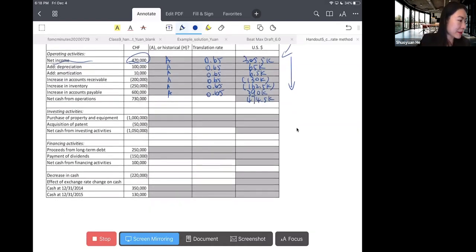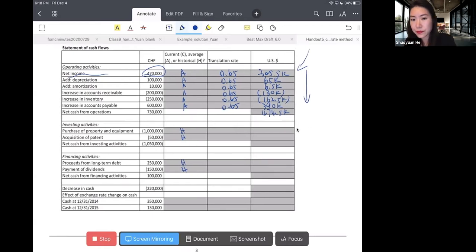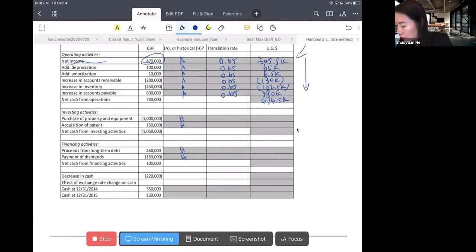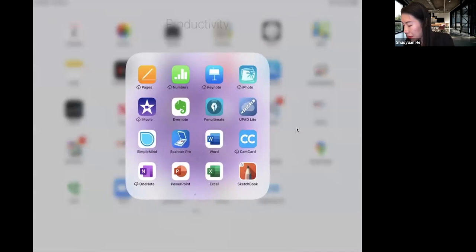Investing activity. For the investing activity and financing activity, we use the historic rate. Which is 0.71, 0.61, 0.62, 0.61, 0.67. And just for you to know where those rates are coming from.